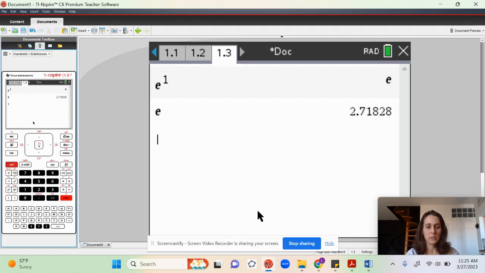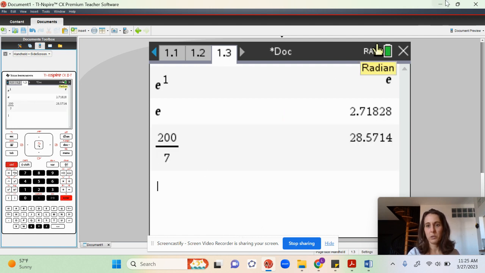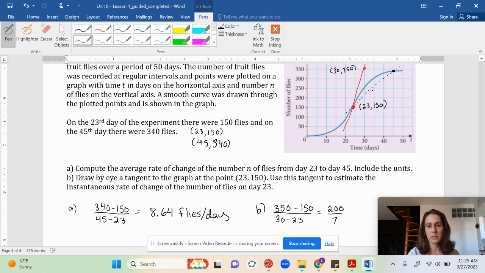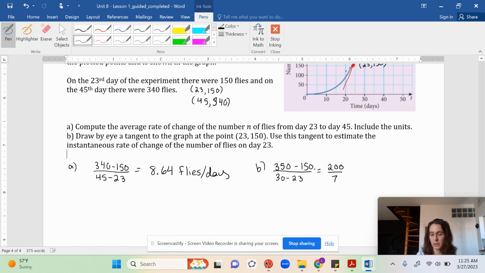Let's approximate that, 200 divided by 7. About 28.6 flies per day, approximately, is what I have. All right. Finished.